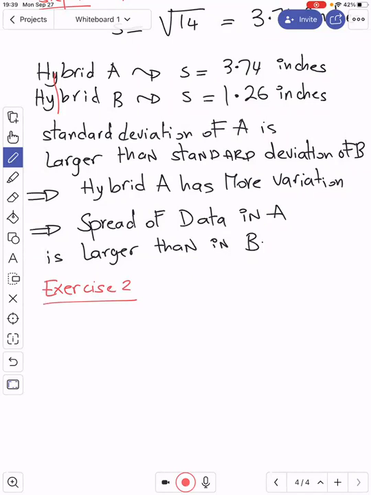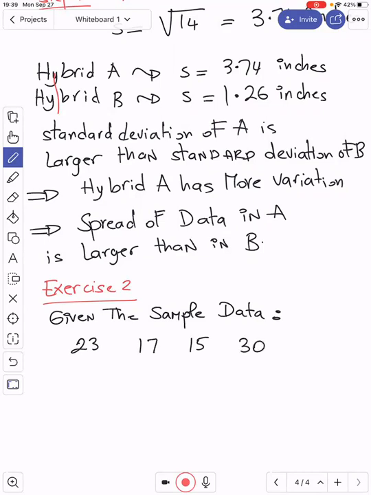Let's say you have the following sample data. Let's say 23, 17, 15, 30, and 25.